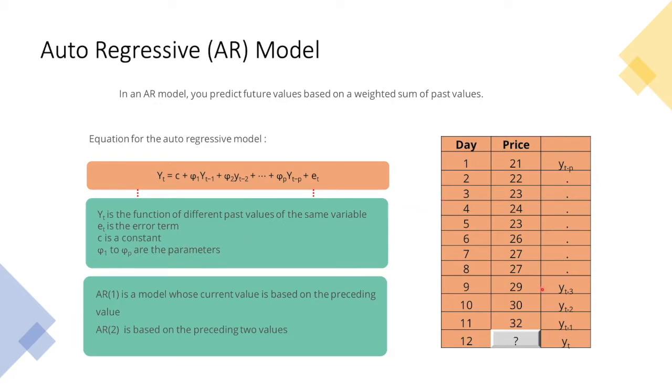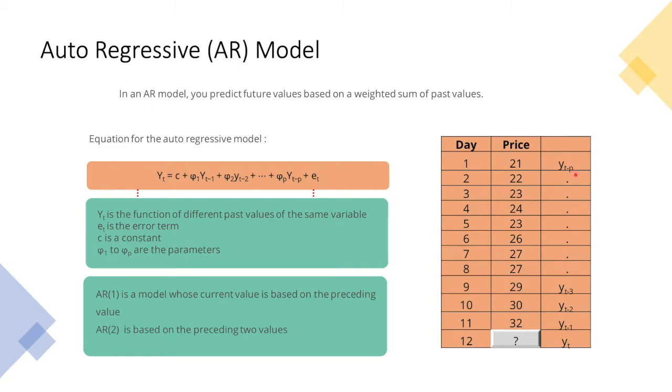What this means is, for example, if you want to forecast the value of y_t at day 12, you assume that this y_t is somehow correlated with the values in the past, like days 11, 10, all the way back to the first day.